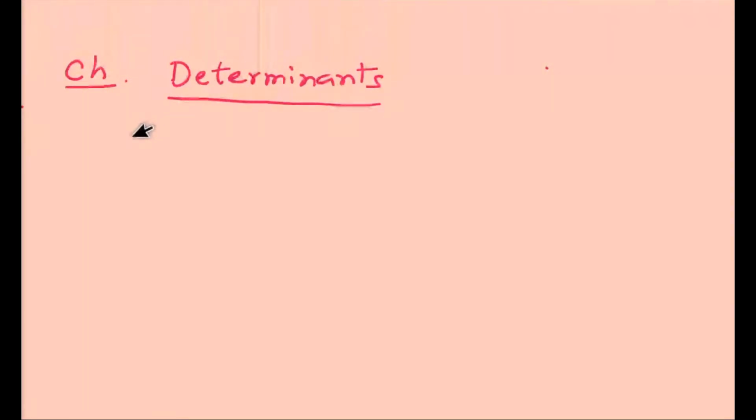Now, in 10th class, in the previous class, you have already known that there are two linear equations. Let a1x plus b1y equal to c1 and a2x plus b2y equal to c2. You have already learned the solution of this type of linear equations.